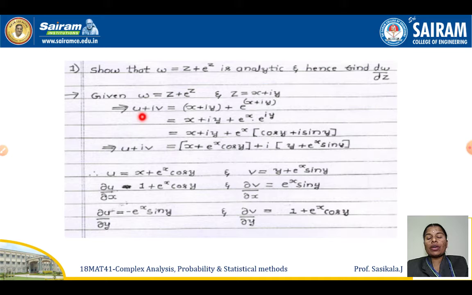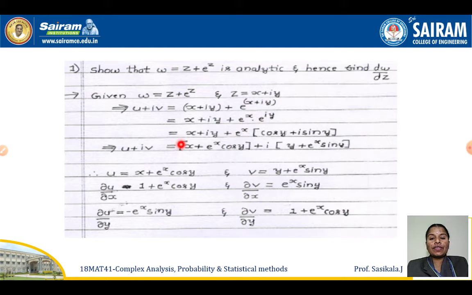So w is nothing but u plus iv, which is equal to x plus iy plus e power x plus iy. That is x plus iy plus e power x into e power iy, since a power m plus n is equal to a power m into a power n.